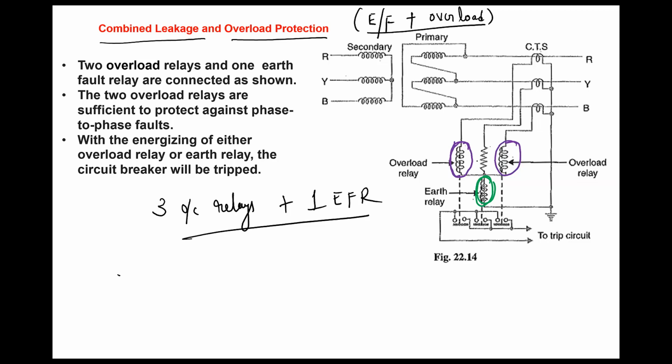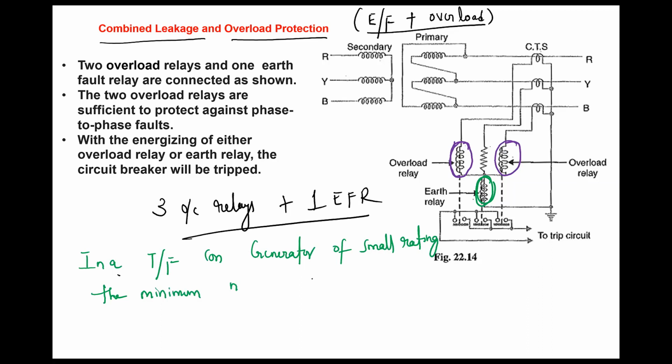In many objective exams, they ask: in a transformer or generator of small rating, what is the minimum number of relays required for complete overcurrent and earth fault protection?